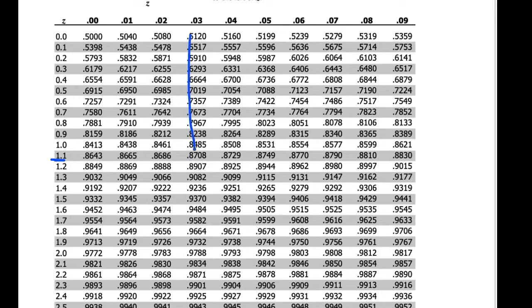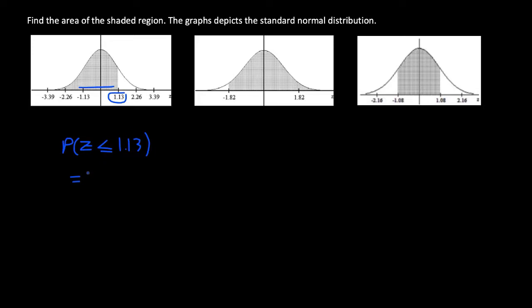So intersection is this, 0.8708. Therefore, this answer is 0.8708. Right. Yes, it must be greater than 0.5 because this is the half of the density curve. Okay, we will go to next one.